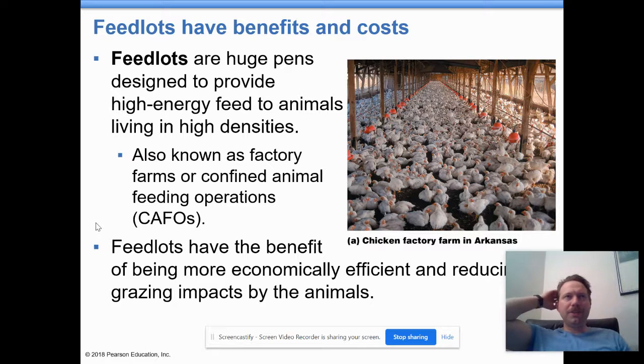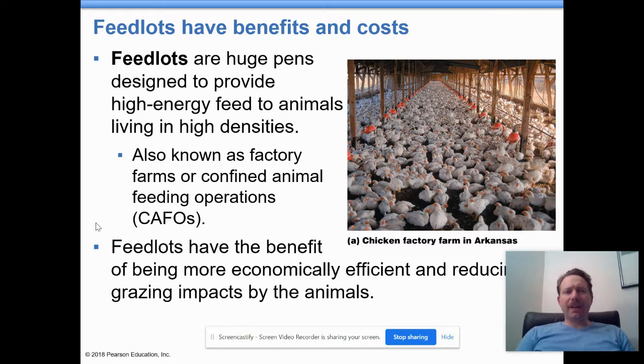So how do we do this? How do we do livestock and animal farming now? Right now, what we do is something called feedlots or CAFOs, confined animal feeding operations. I'll say CAFOs to be short. These are large pens, often with very low light and high density of these animals.